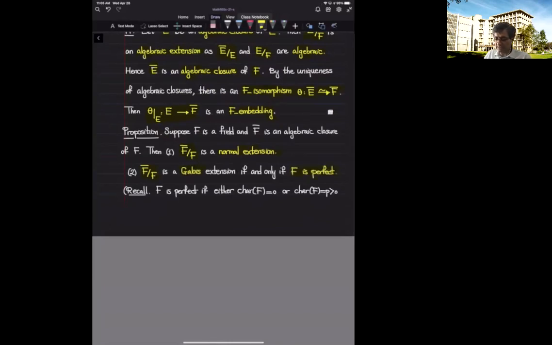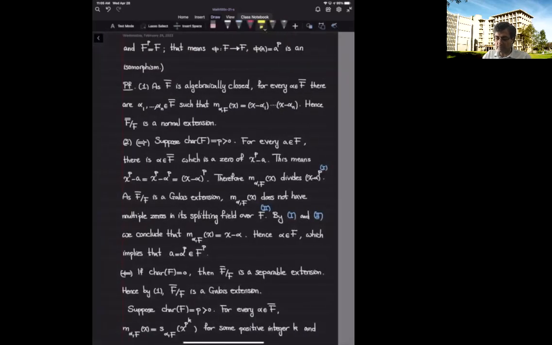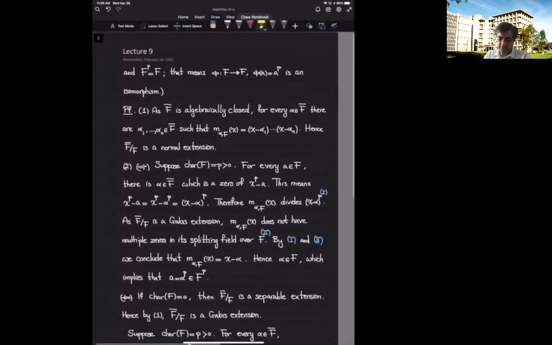And recall that a field is called perfect if either the characteristic is 0, or if the characteristic is positive, a prime number P, then the Frobenius map is an isomorphism. And it's clearly an embedding, so it's enough to show that it is surjective.